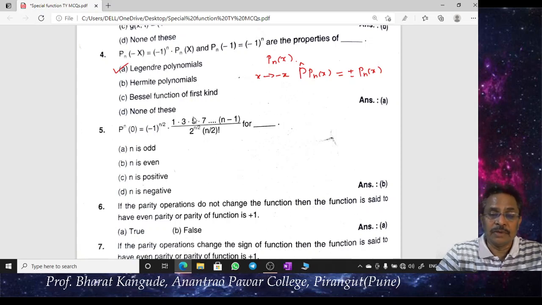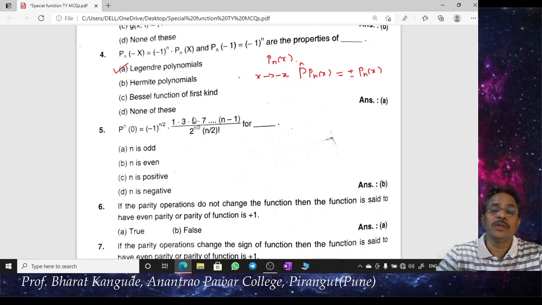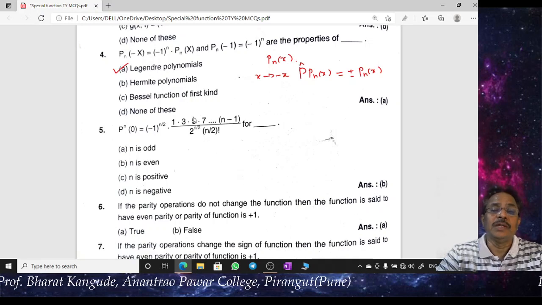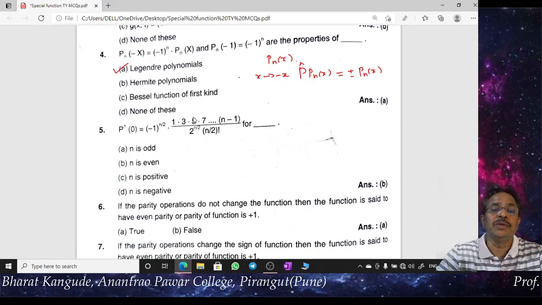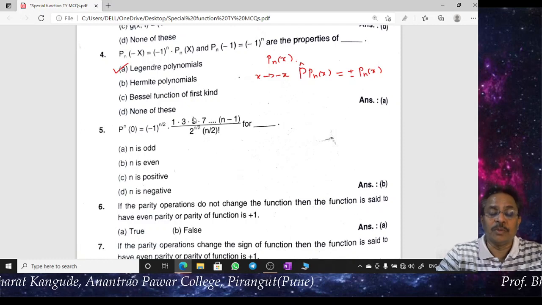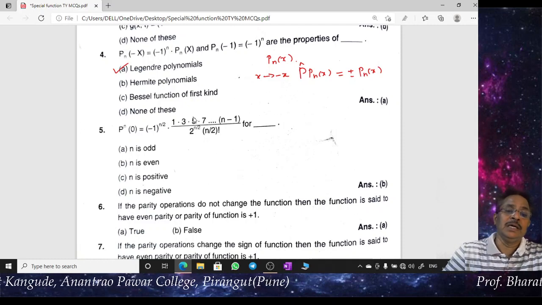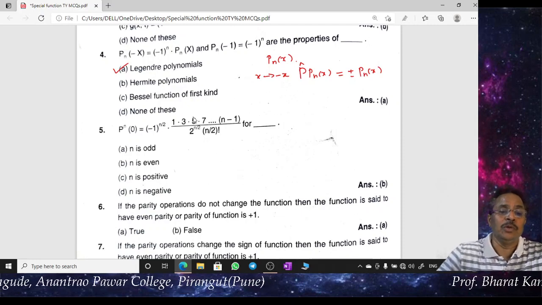When the sign of that function remains the same or remains positive, or there is no change of the sign, then we call that a positive parity. And when there is a change in the sign of the function while this parity operator is operated, we call it an odd function or odd parity, and therefore these are basically properties of the Legendre polynomial.